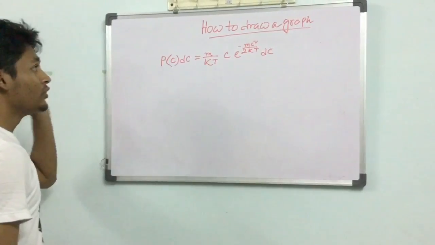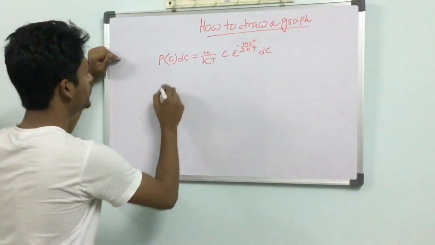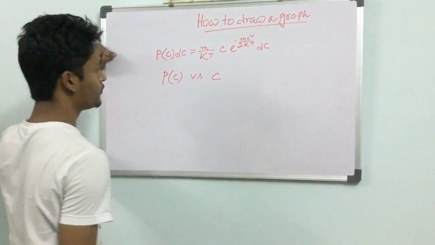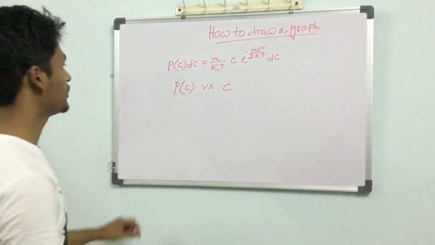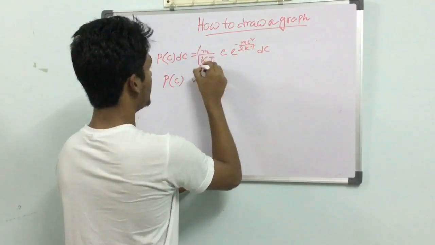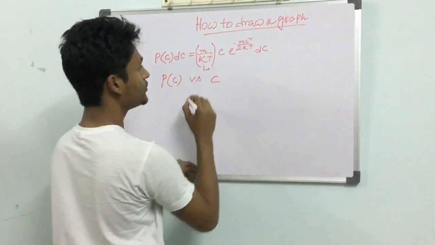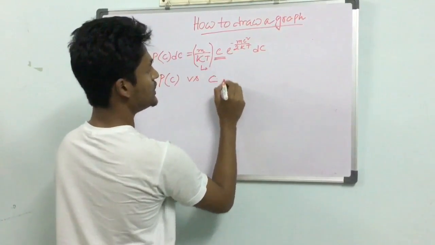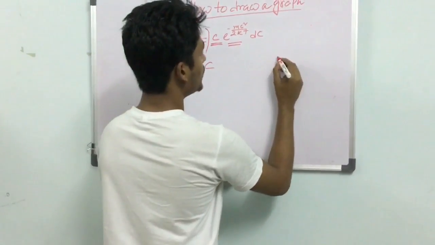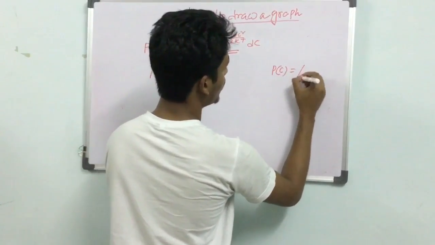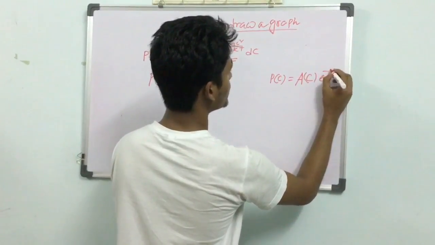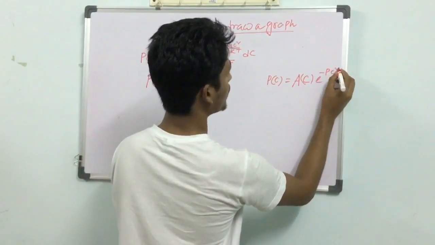So if you want to draw a plot between P(c) versus c, what happens? This part is basically a constant. You just need c and e to the power. So P(c) is basically like a constant A times c, times e to the power minus some constant B times c square.